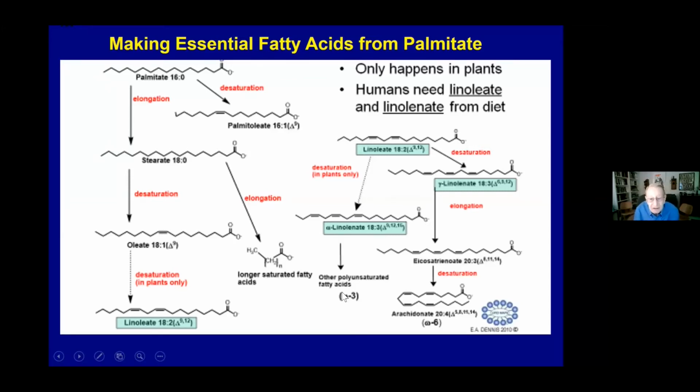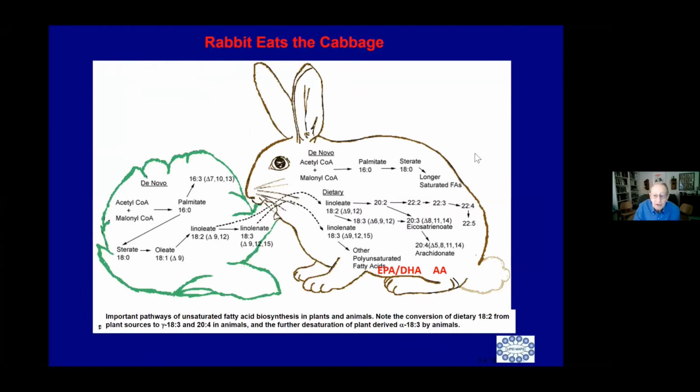Now, I don't like looking at flow charts, and I'm sure you don't like memorizing charts of how fatty acids are made. So I prefer to look at the cabbage and the rabbit being eaten by the rabbit, in which the cabbage represents the plant kingdom, which makes linoleate and linolenate the 2 essential fatty acids.